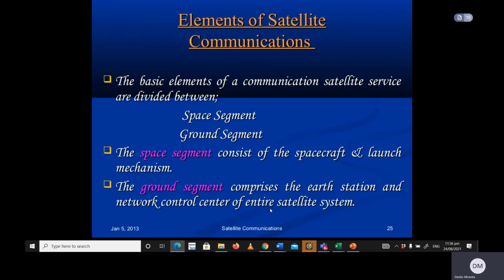The basic elements of a communication satellite service are divided between the space segment and the ground segment. The space segment consists of the spacecraft and launch mechanism, and the ground segment comprises the Earth stations and the network control center of the entire satellite system.